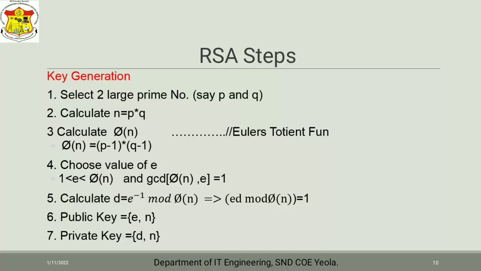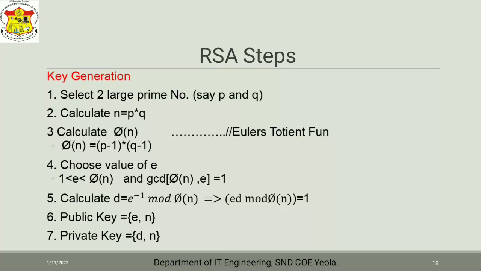Then you have to find the private key, that is D. You know the value of N, but you don't know the value of D. So to find out the value of D, you have the equation D into E mod phi of n equal to 1.